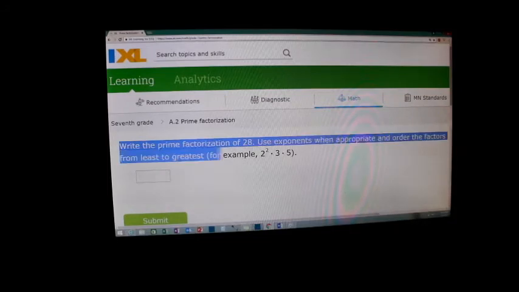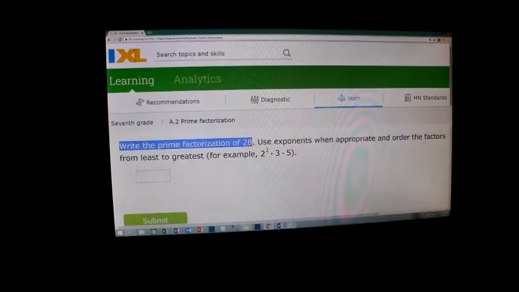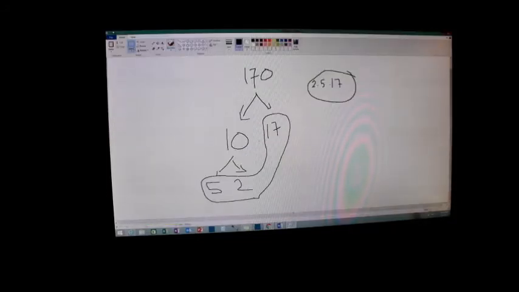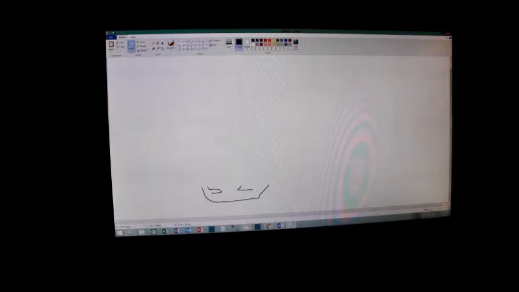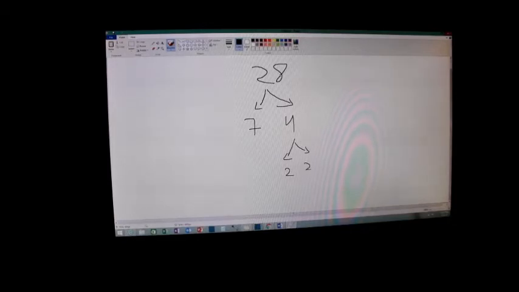Write the prime factorization of 28. We know the number is 28. What two numbers can be multiplied together to equal 28? We know 7 times 4 equals 28. What two numbers can be multiplied together to equal 4? 2 times 2 equals 4.